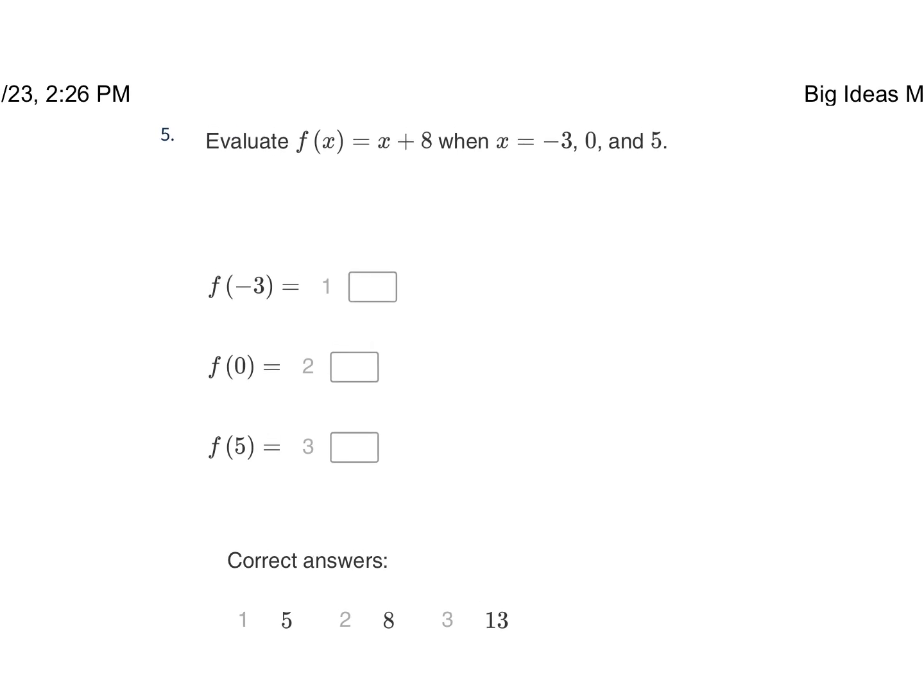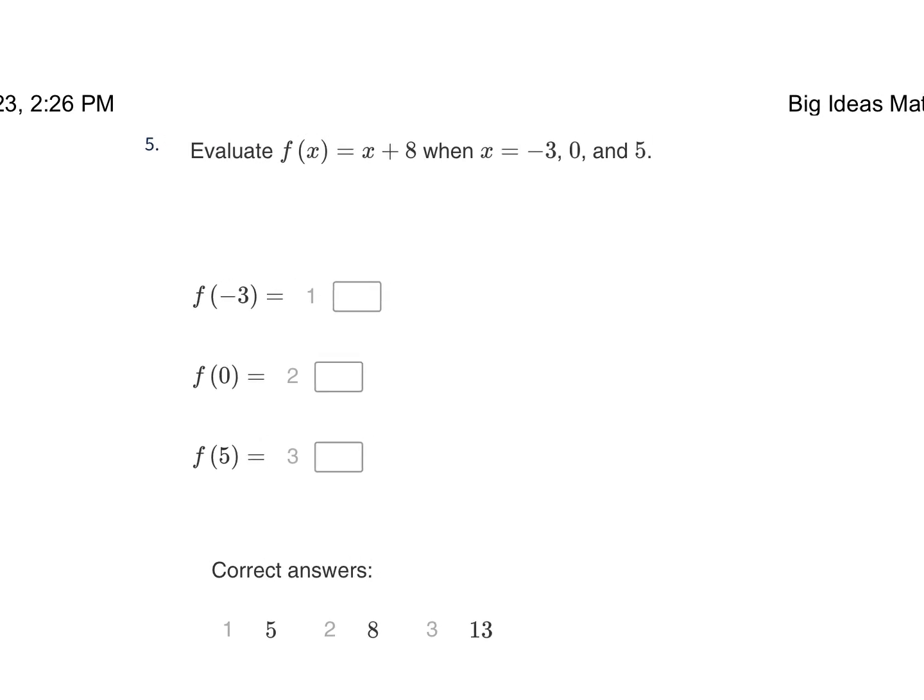This says to evaluate this function f of x when x is -3, 0, and 5. So when x is -3, we're replacing that x with -3.